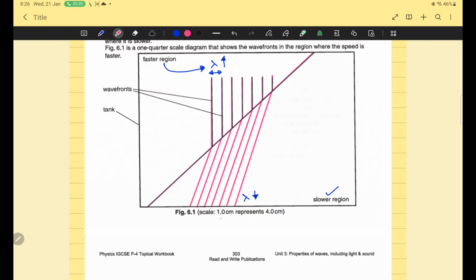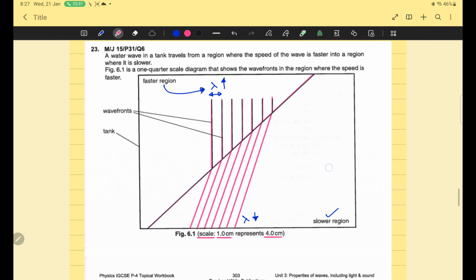As well as, if you are given a diagram, and in this diagram you are given this condition, this is a scale diagram. In this scale diagram, 1 centimeter drawing actually equals 4 centimeter.